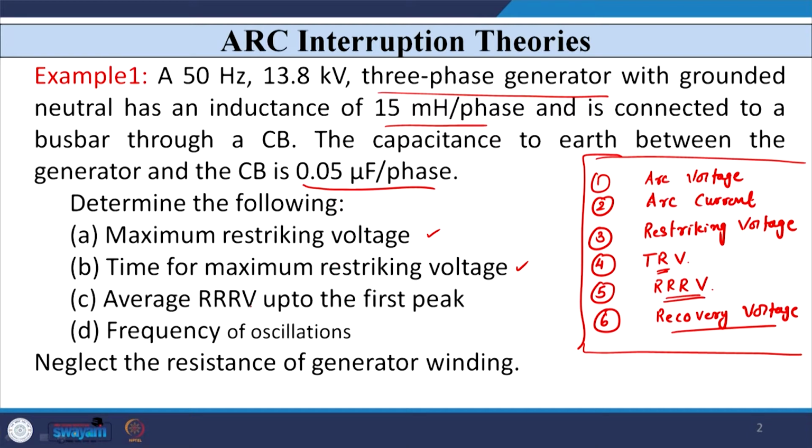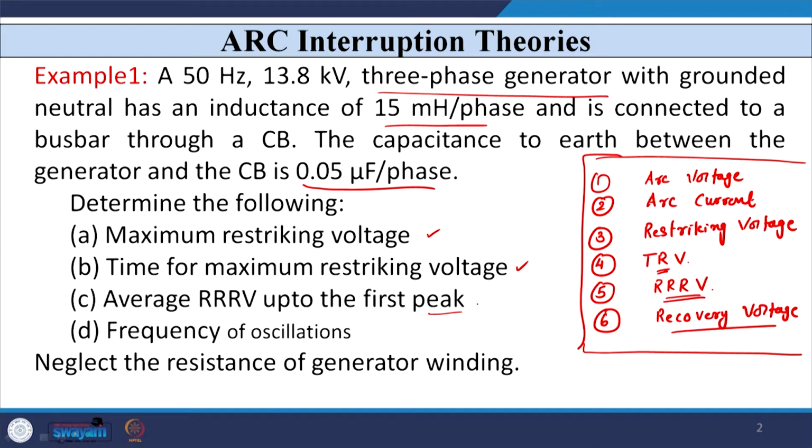The third thing is the average RRRV up to the first peak. This is available from the previous two parts: the average RRRV up to the first peak is given by the maximum restriking voltage divided by the time for maximum restriking voltage. And the last part D is the frequency of oscillations.